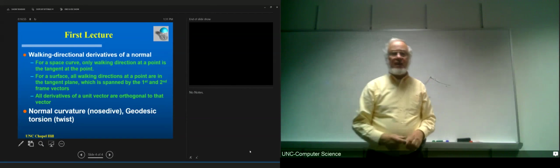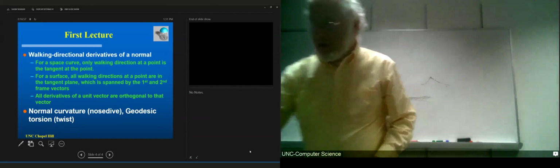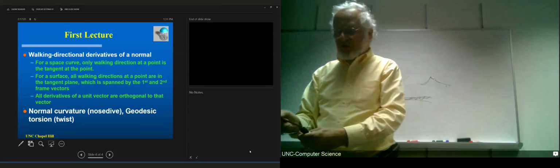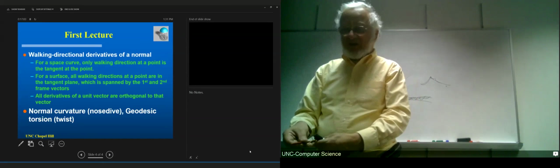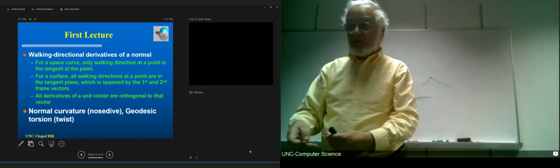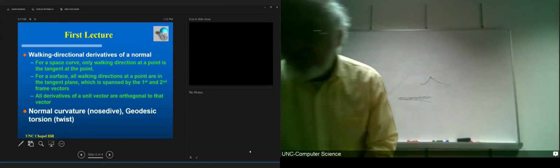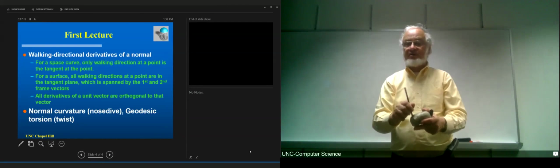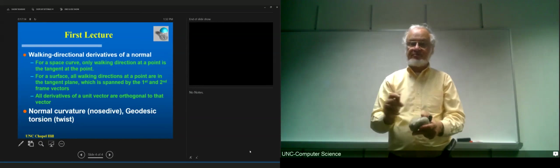Okay, and so for a space curve, we're actually going to be talking about the behavior of the tangent, not the normal, as we walk along. But for a surface, we're going to be talking about how the normal swings as we walk in various directions from a point. Okay?